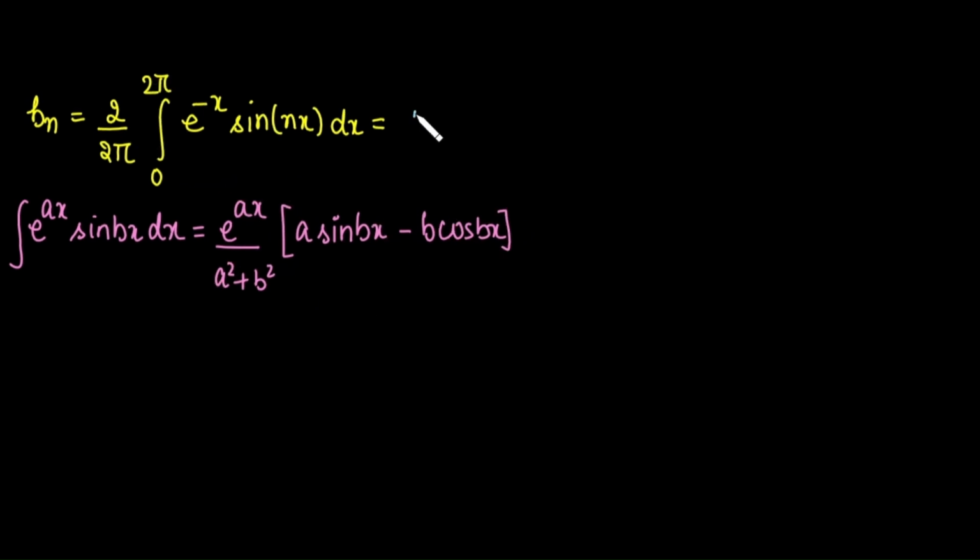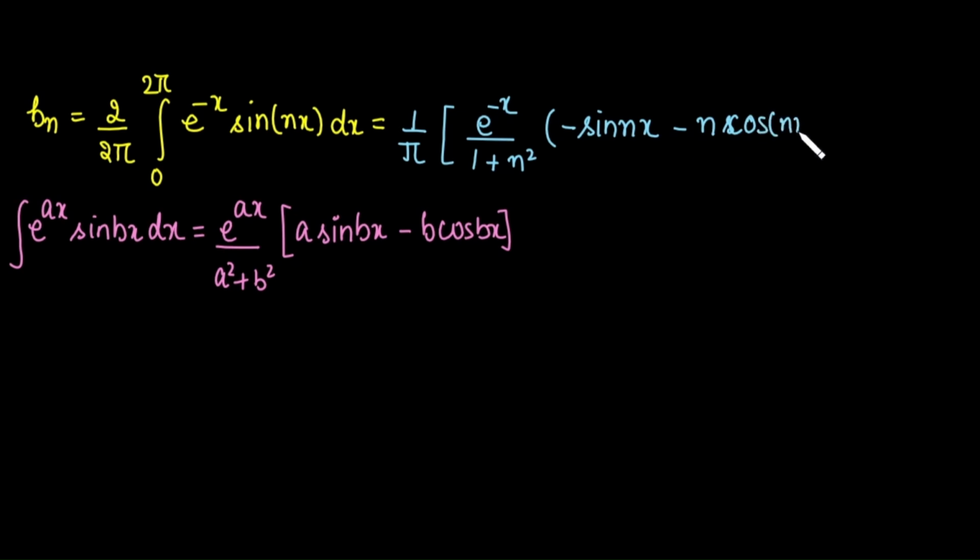This is equal to 1 upon pi, e raised to power minus x as it is, divided by minus 1 square plus n square, multiplied by minus sine of nx minus n times cos of nx. Lower limit is 0, upper limit is 2 pi.